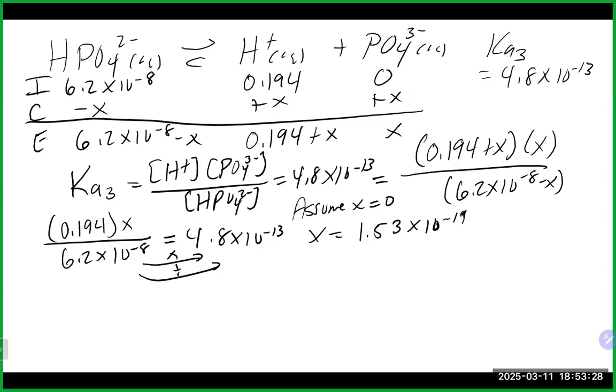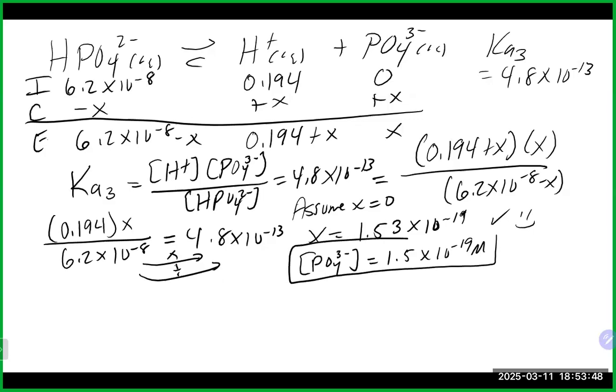One more time, we're going to check it here. We'll divide it by 0.194 just for fun and times it by 100, and we're good. We're nowhere even near being bad. Check is good. That means the phosphate concentration should be that number right there, 1.5, I'll round it, times 10 to the minus 19 molar in this case.